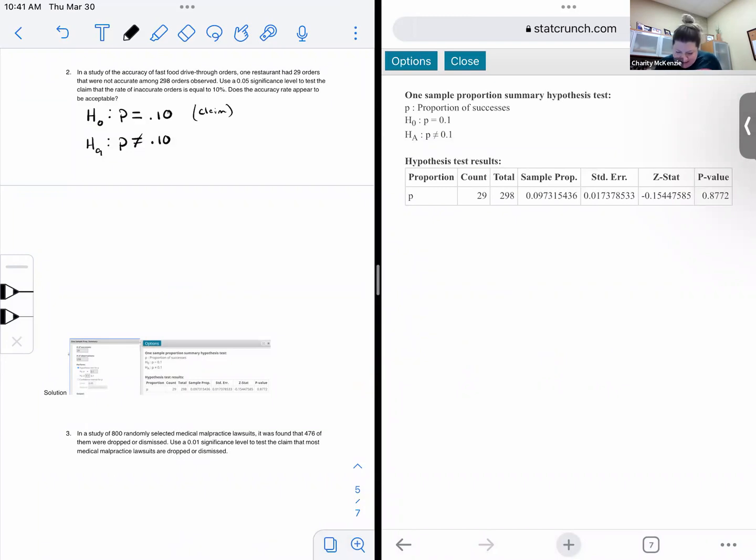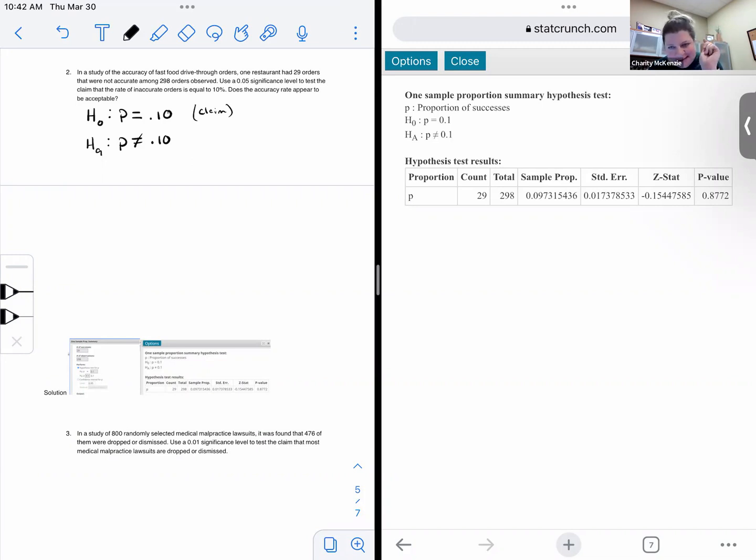So that is super high. What is 29 out of 298? Yeah, so 0.09. Okay, let's look at what we have here. You see proportion p, 29 out of 298. There's our sample proportion, 0.09, almost exactly at 10%. We always ignore the standard error, because it actually has nothing to do with our margin of error or our confidence interval.